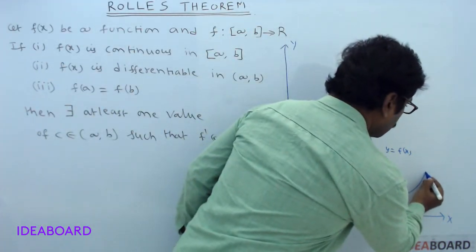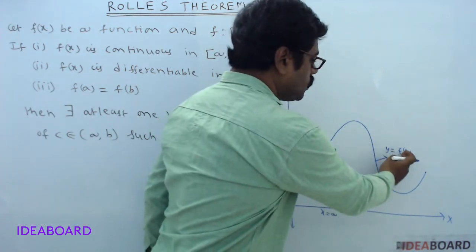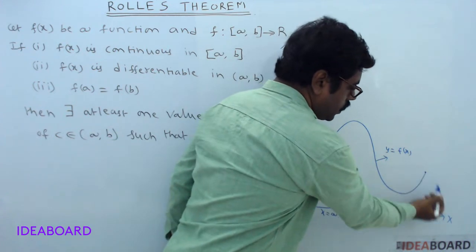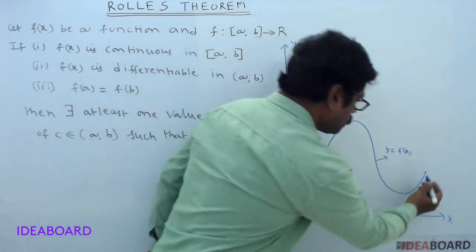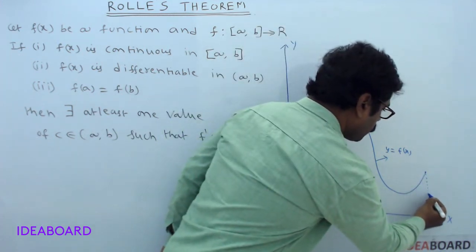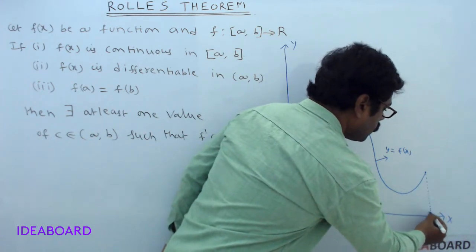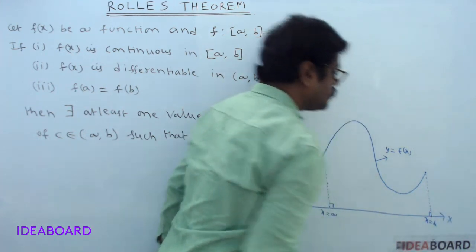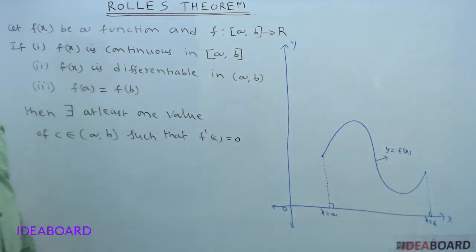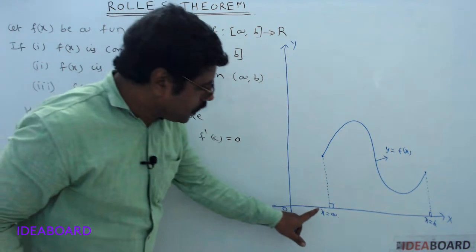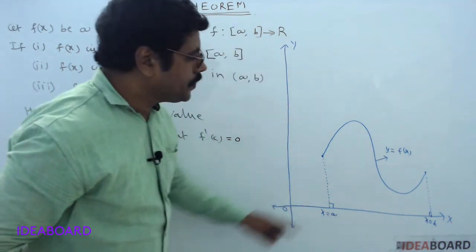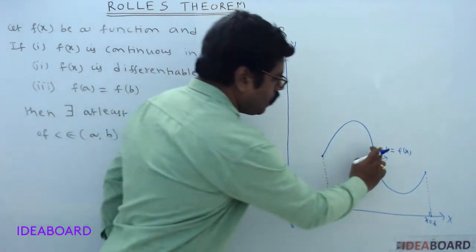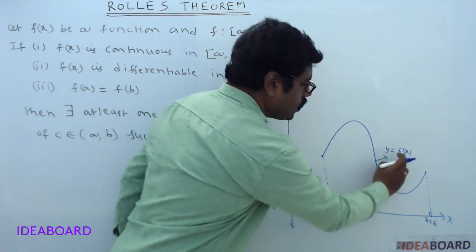Now this is another point on the curve y equals f of x. Draw a perpendicular from this point onto the x-axis. Suppose this is x equals b. Now by substituting x equals a in the equation y equals f of x, we get y equals f of a.